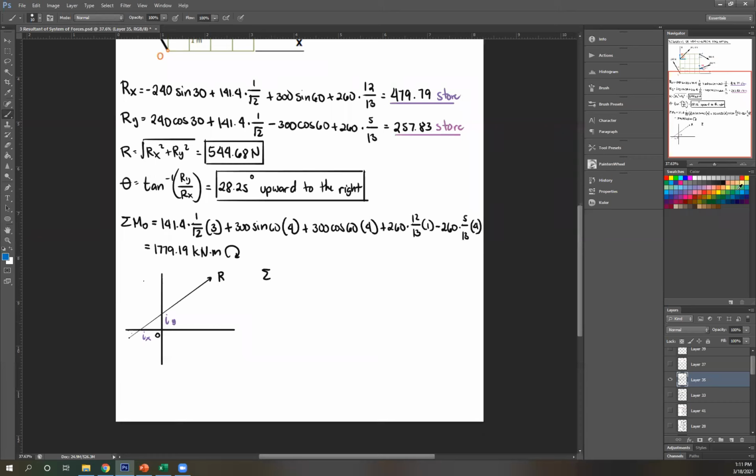To get IY, I'm going to position my components for R here. So this is RX, RY, same thing here. RY passes through O, so I'm left with RX. So summation of moment at O equals RX, and then perpendicular distance is IY. I know MO, it's this. I know RX, it's this. So I can directly solve for IY.